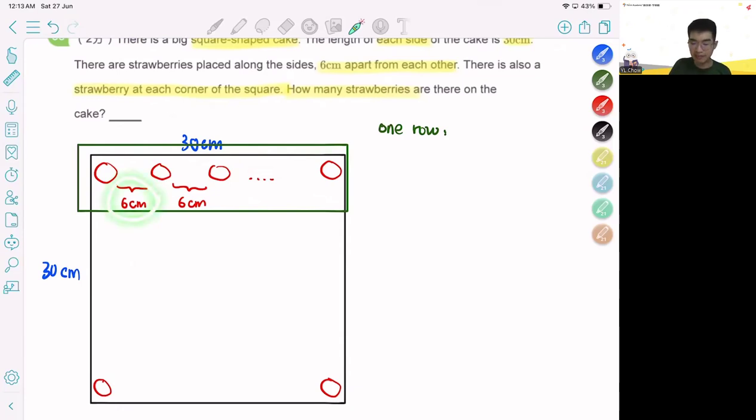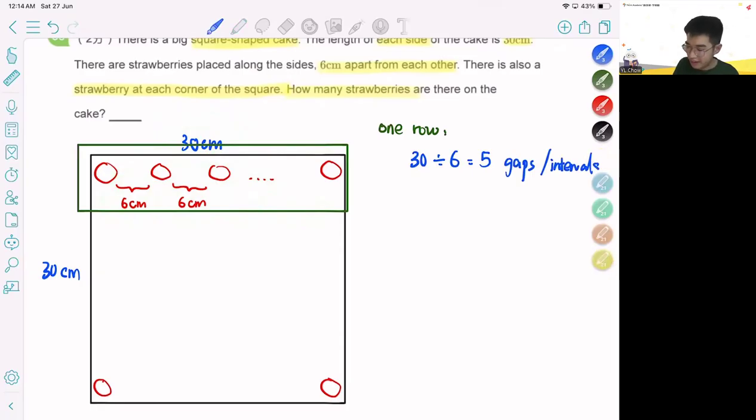So in that case, 6 centimeters, 6 centimeters, 6 centimeters. How many 6 centimeters does it take to complete a 30 centimeter side? That will be 30 divided by 6 equals 5. That means I split the total 30 cm into 5 gaps of 6 centimeters. So there are 5 gaps or 5 intervals.